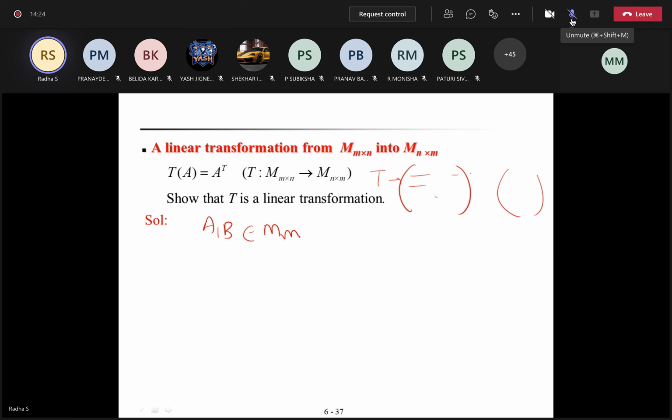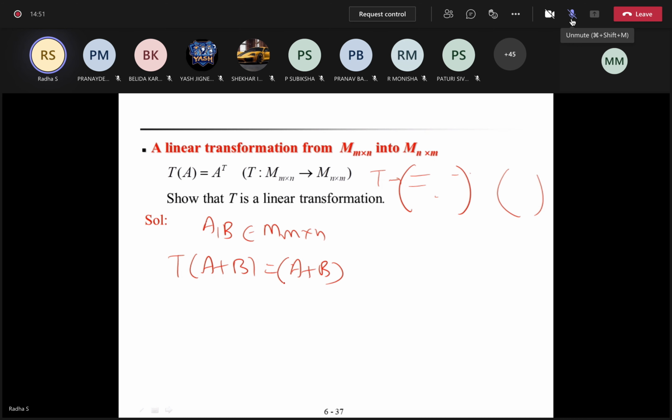From M cross N, right? Then find T of A plus B. I should prove T of A plus B equal to T of A plus T of B. So what is T of A plus B? A is a M by N matrix, B is a M by N matrix. So what can you say about A plus B? A plus B is also an M by N matrix, right? So T of A plus B is A plus B the whole transpose.